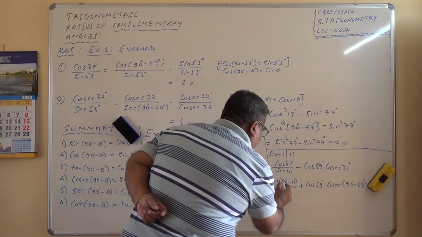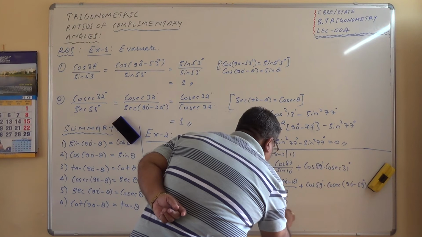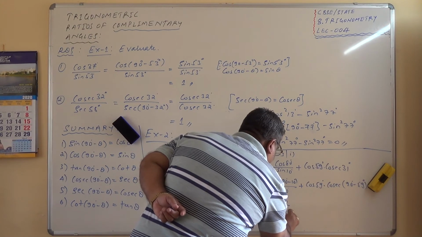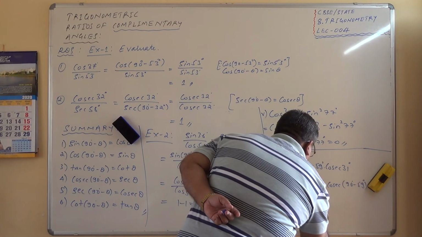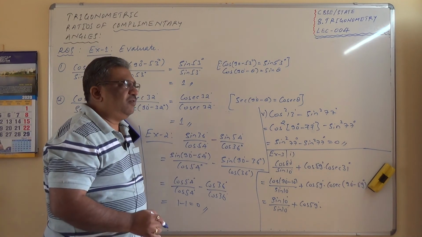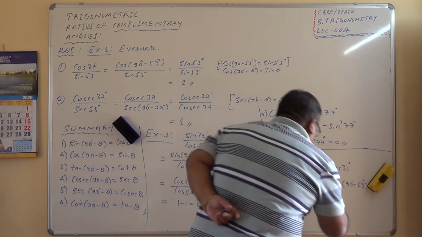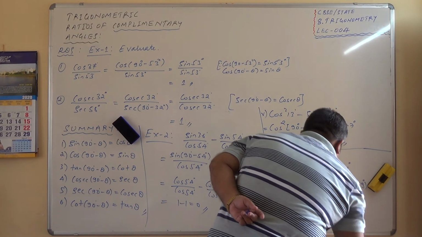Cos of 90 minus theta equals sin theta, so sin 10 degrees divided by sin 10 degrees plus cos of 59 degrees into cosec of 90 minus theta, which is equal to secant of theta, so secant of 59 degrees.